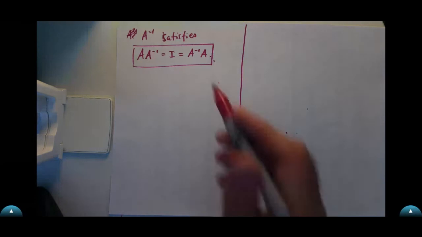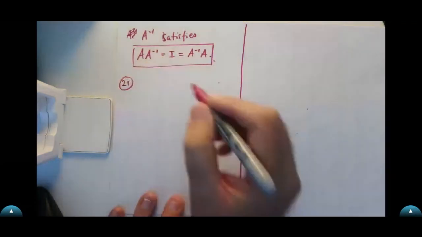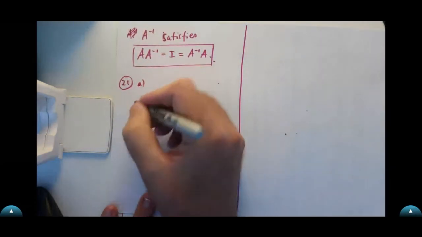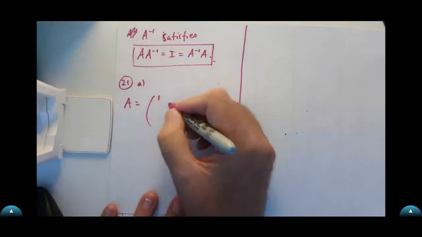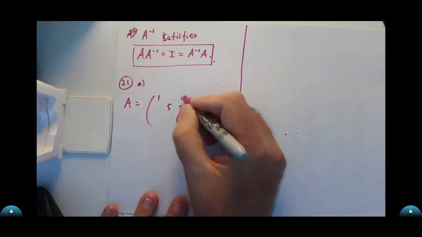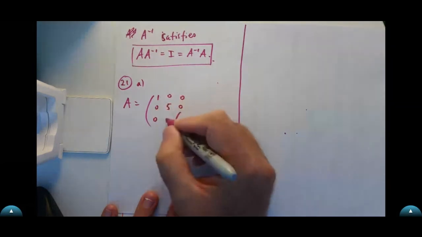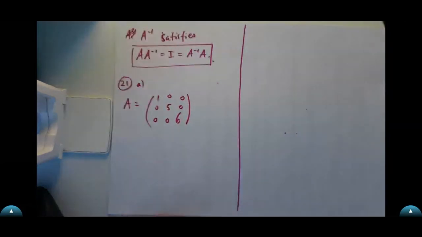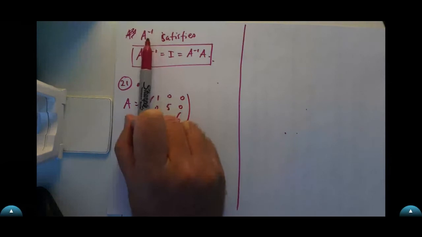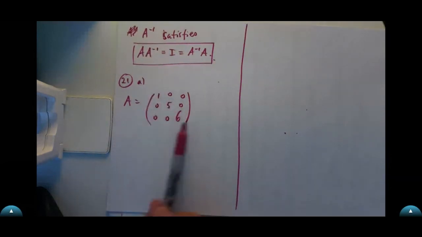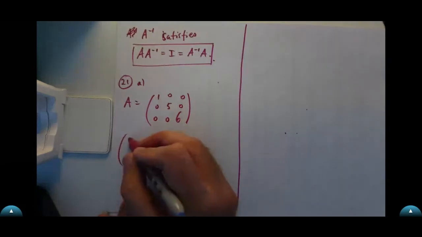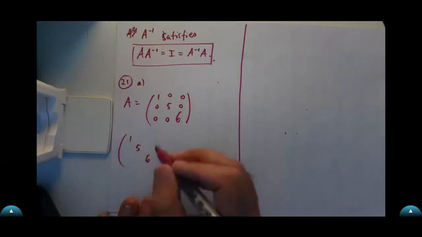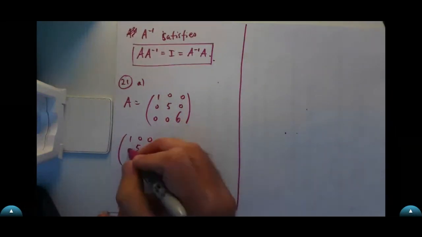So let's consider our first question. A is the matrix 1, 5, 6 on the diagonal, with 0s elsewhere. And we want to find a second matrix such that when you multiply it with this matrix, you get the identity.